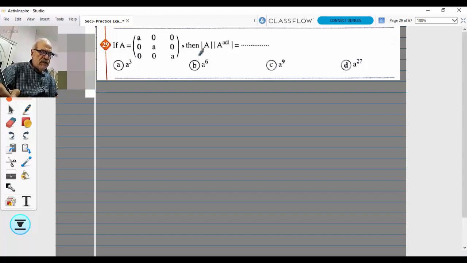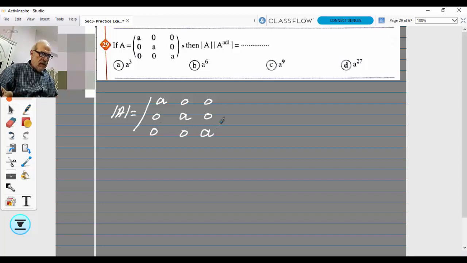First, we calculate determinant of A. Determinant of A equals determinant of A 0 0, 0 A 0, 0 0 A. This determinant is in triangular form, so its result equals A multiply A multiply A equals A power 3.